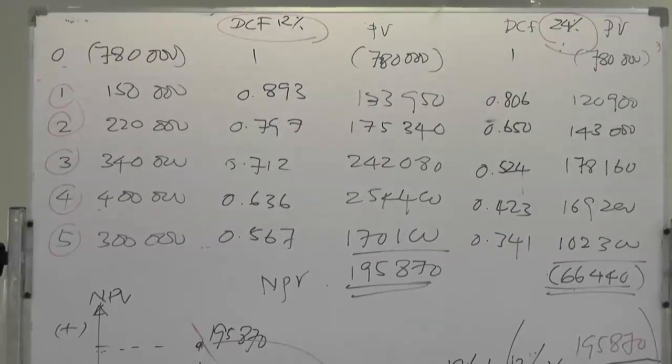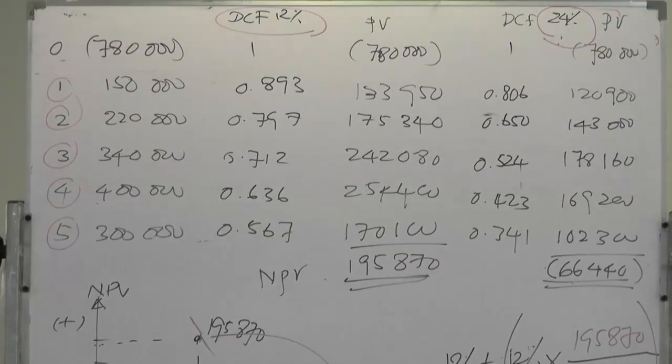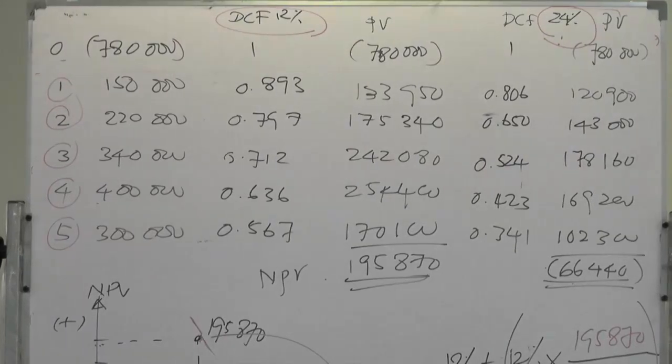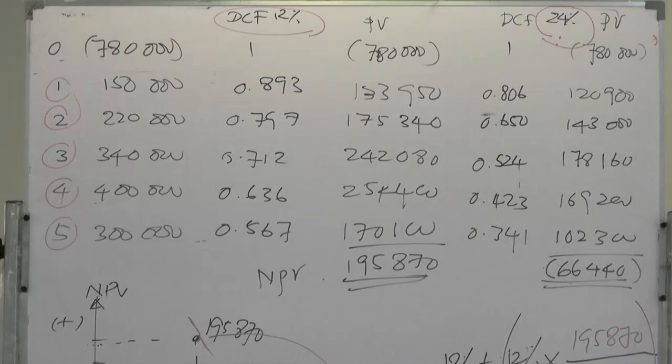Now, the first NPV calculation: the NPV is 195,870 plus at a 12% discount rate, at 12% cost of capital. If you assume a cost of capital of 12%, NPV is 195,000 plus. If you increase the cost of capital, in other words the discounting factor, to 24%, NPV has decreased. You can see that. At a 24% discounting factor or cost of capital, NPV is minus 66,000, approximately.